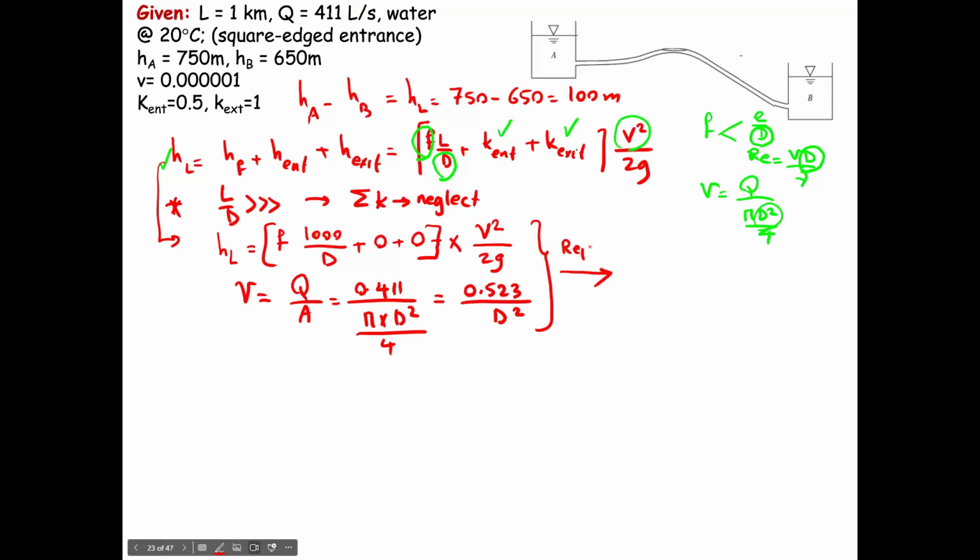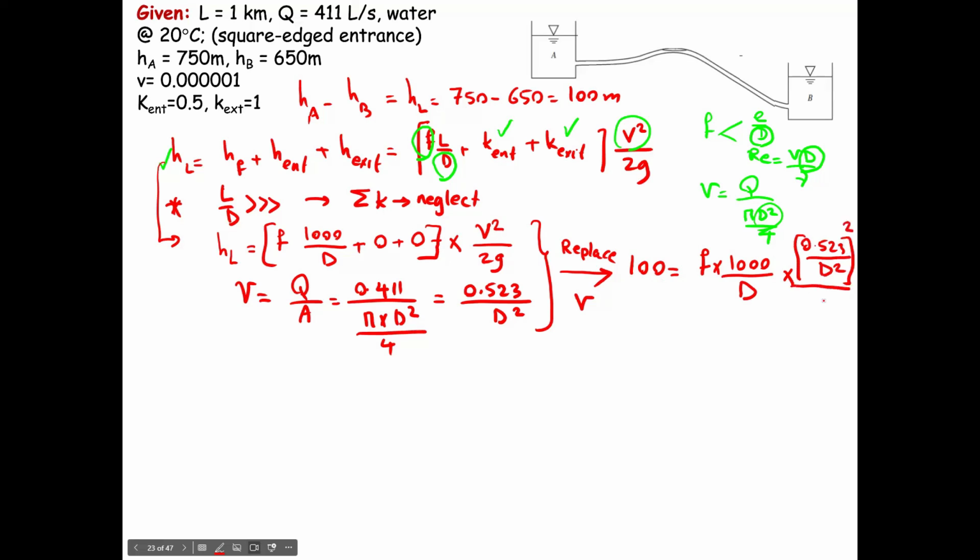Replace velocity. If I replace velocity, I have 100 for HL. Still, I don't have F. Still, I have L. I don't have D. Instead of velocity, I will write 0.23 divided by D square.